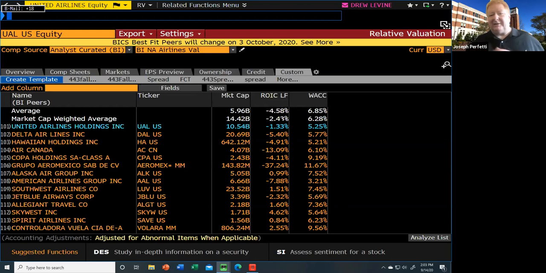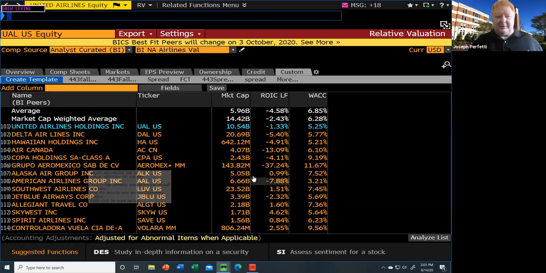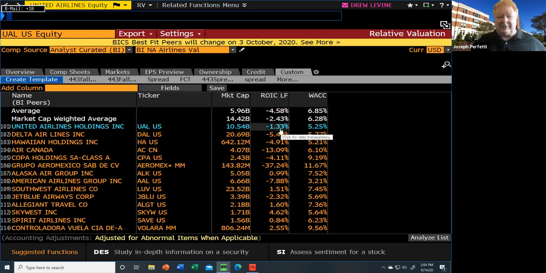And by the way, the airline industry is a good example of why we want to use market cap weighted average, because you can see that there's an airline called Grupo Aeromexico, which is a tiny airline, 143 million of total market cap relative to the industry, has a negative 37% ROIC, and that is skewing the average to be much worse than it really is for the industry, because basically a tiny airline counts just as much as a giant airline, and we want to weight according to size.